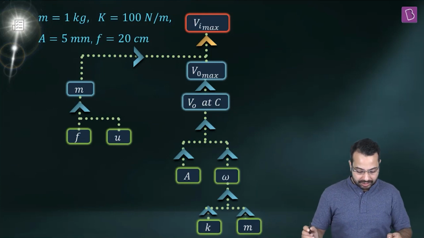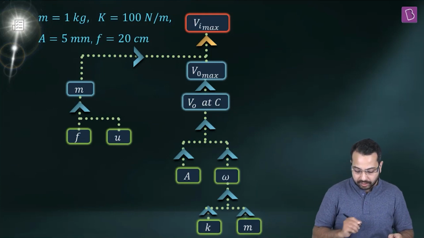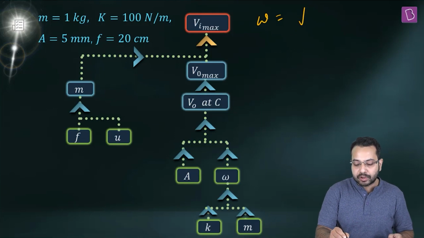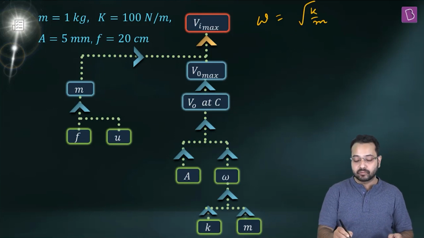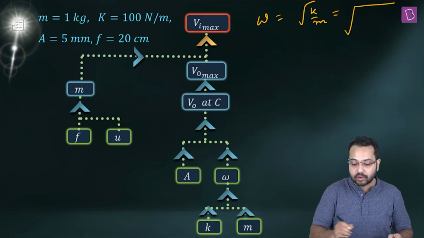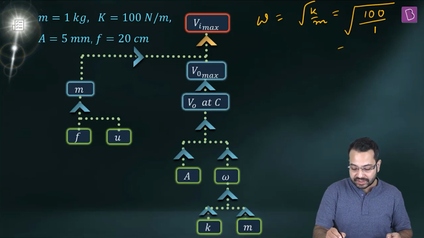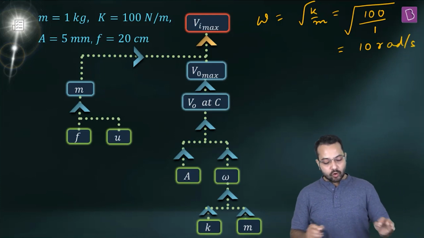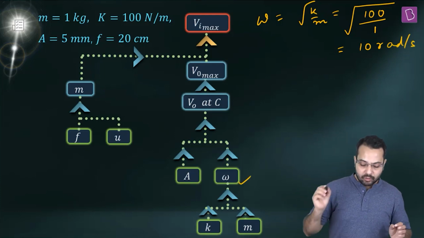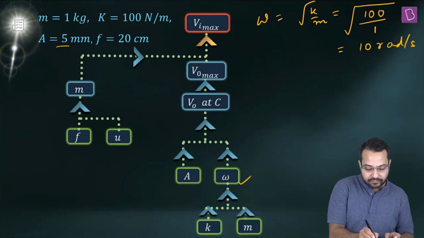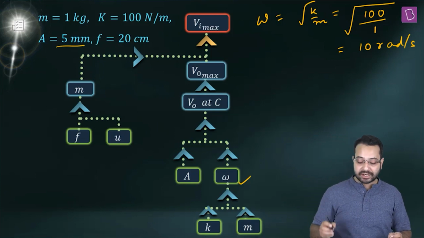So I'm going to start with omega. Omega is equal to under root of k by m. So this is going to be under root of k is 100 and mass is 1 kg. This comes out to be 10 radian per second. Omega found. What is A? A is also given, it is 5 millimeter. So what can I calculate?